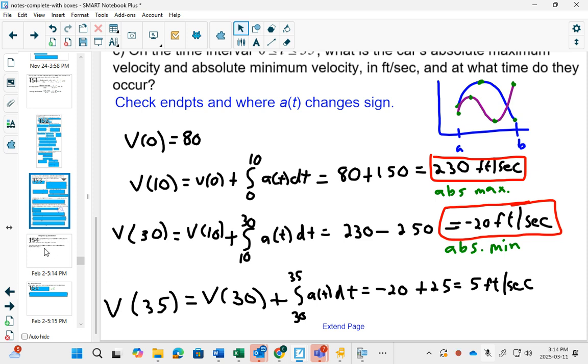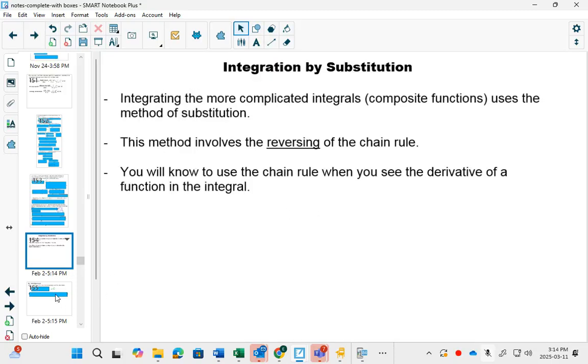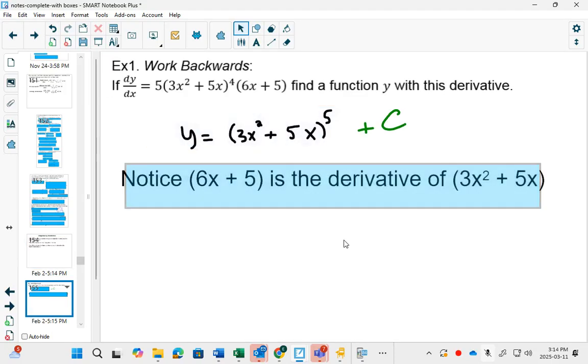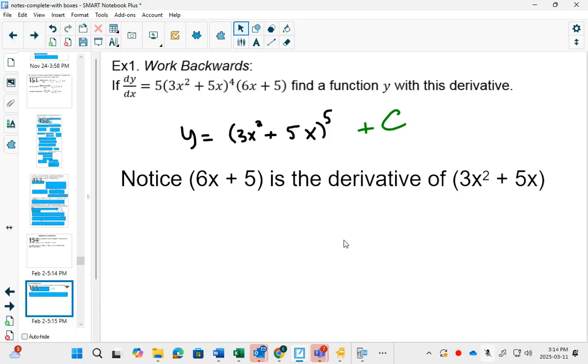So now we can go back to where I was starting. Integration by substitution. If you were to integrate, we're going to get this same question, but it's going to look like this.